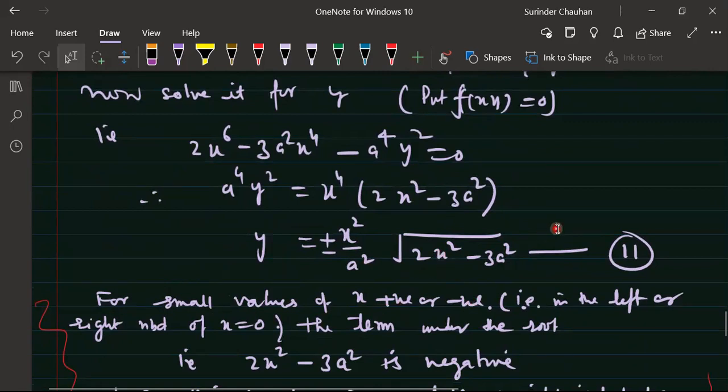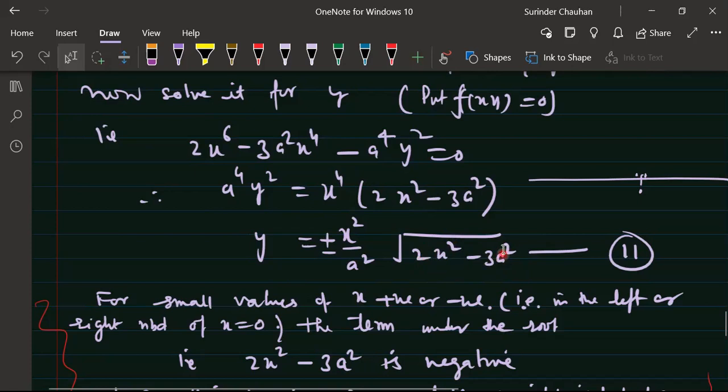Small value of x means very close to the origin, a very small number. If x is small, x squared will be still smaller. So this is a very small number as compared to the fixed number. So this becomes negative, whether you take x positive from the right neighborhood or from the left neighborhood of the origin.